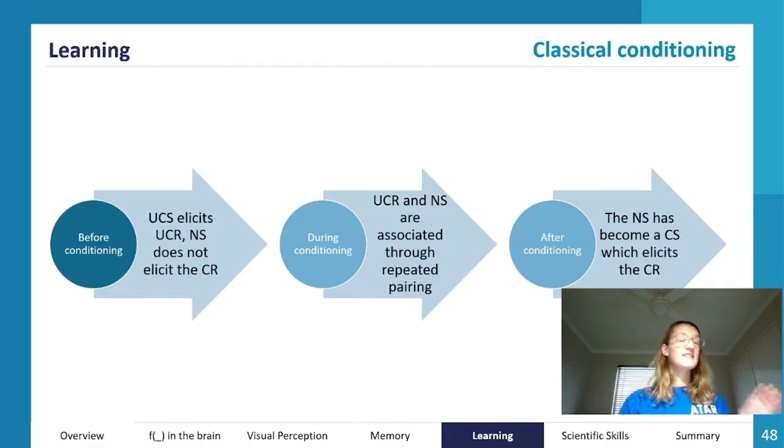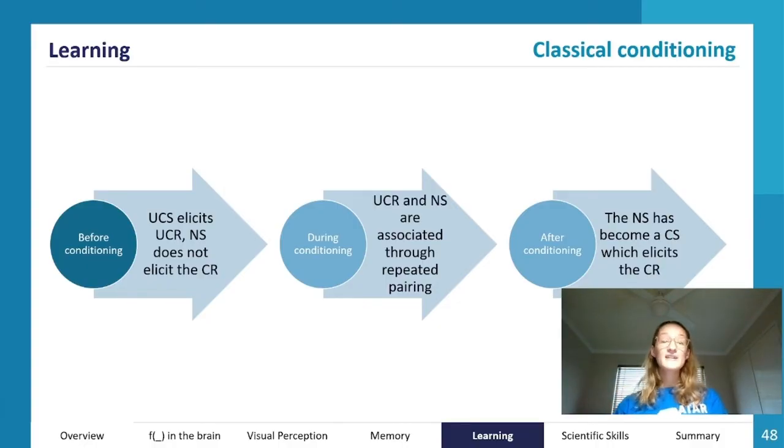UCS, unconditioned stimulus, elicits UCR, unconditioned response. Before the dogs underwent conditioning in Pavlov's experiment, the unconditioned stimulus is something that naturally elicits the unconditioned response.